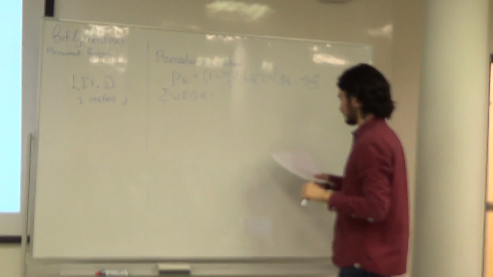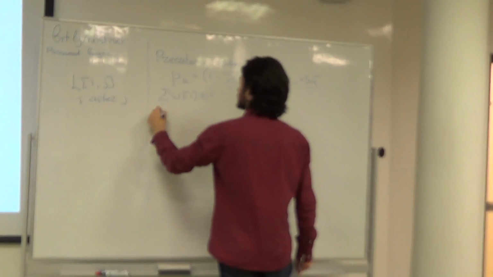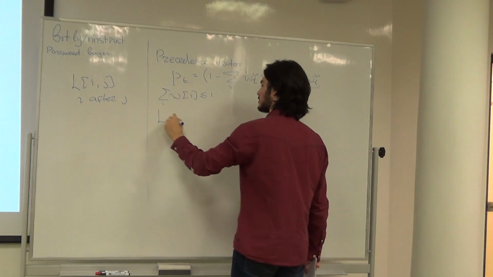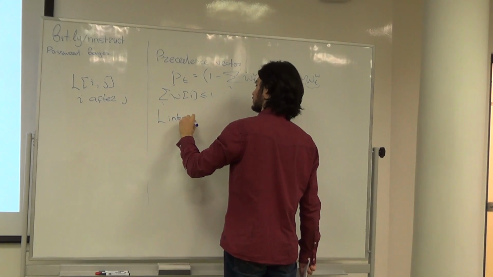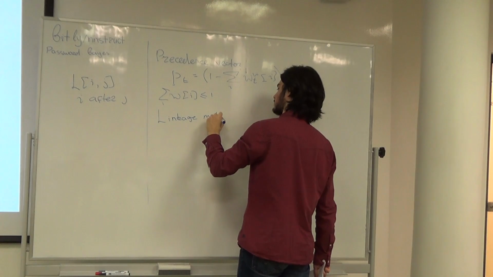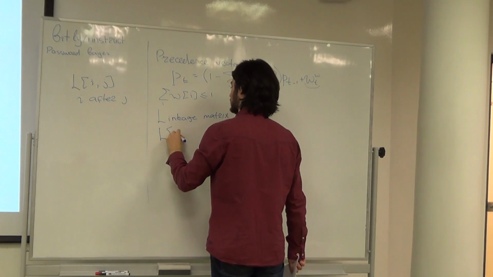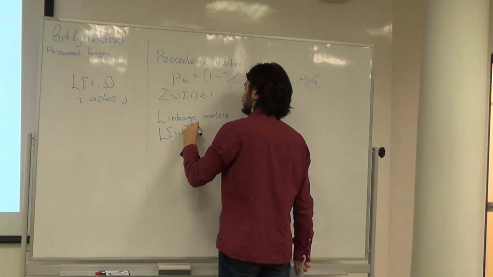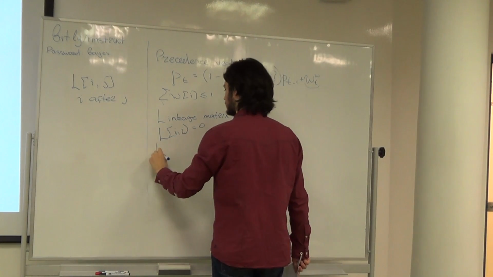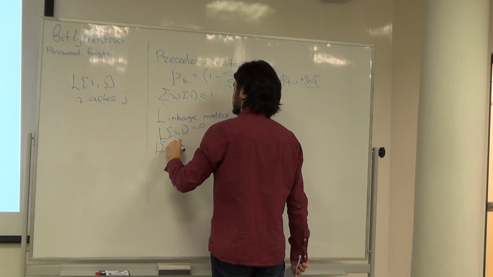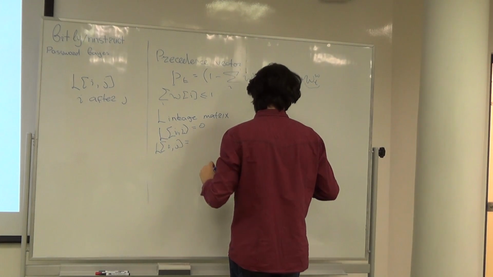Okay. So after the precedence vector, we compute the linkage matrix. So L, for the diagonal elements, we force them to be 0. And for all others, we force it to be this one.